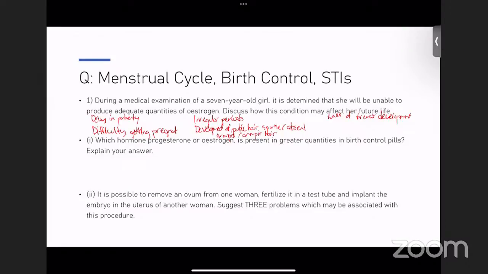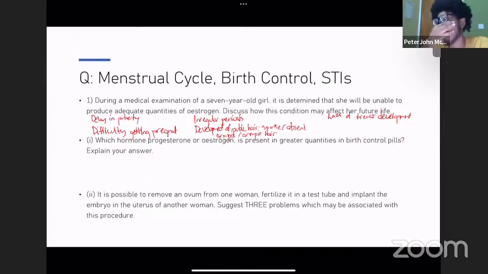Yes, sir. Yeah. Estrogen is also associated with the uterine lining and the shedding during menses. But I'm pretty sure it's more progesterone that's responsible for that, and arterial constriction and sloughing off of the uterine wall and everything like that.